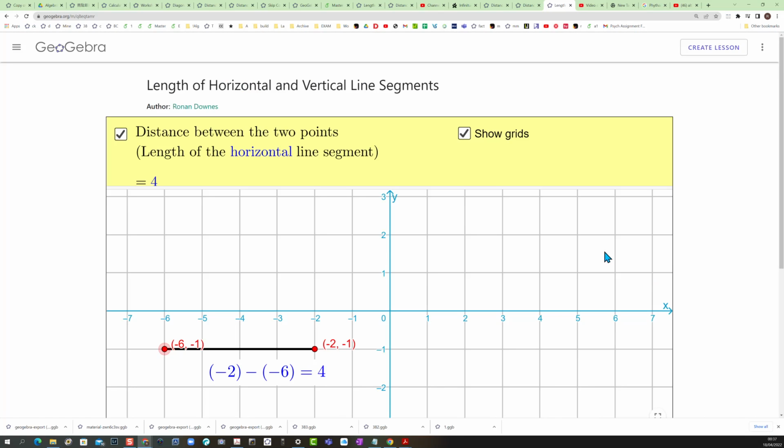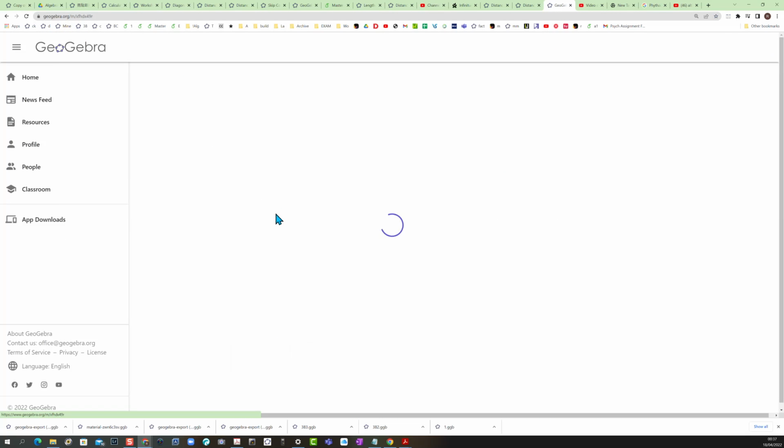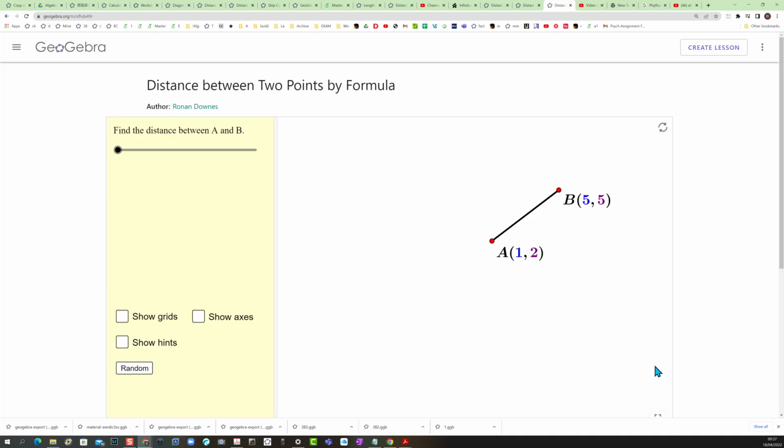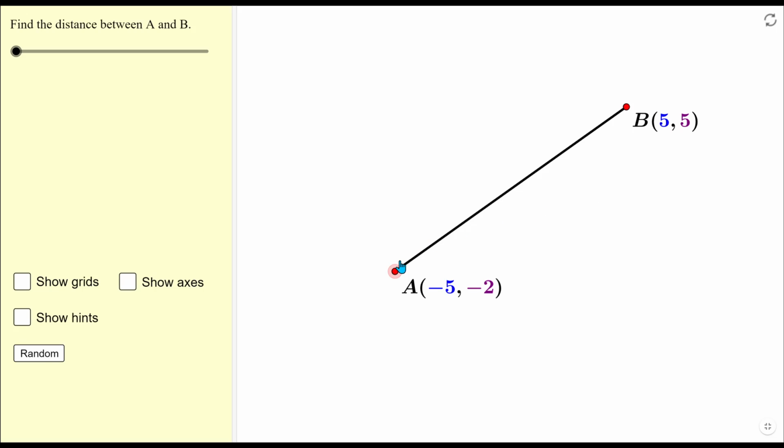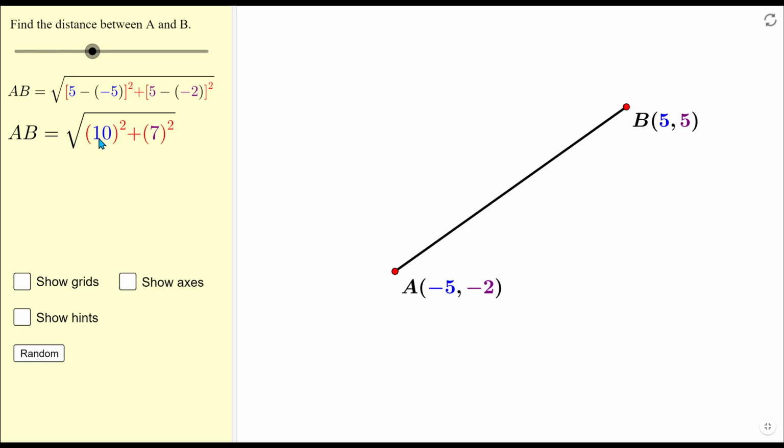Okay, so that kind of gives us a shortcut into using this app. So 5 and negative 5, we'd add them to give 10. There's your 10. And 5 and negative 2, you'd add them to get yourself 7.